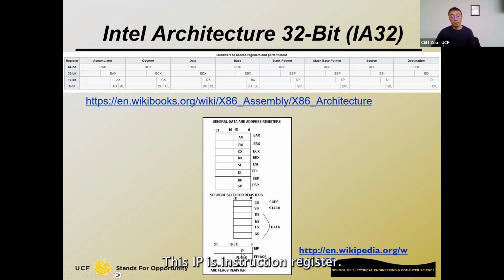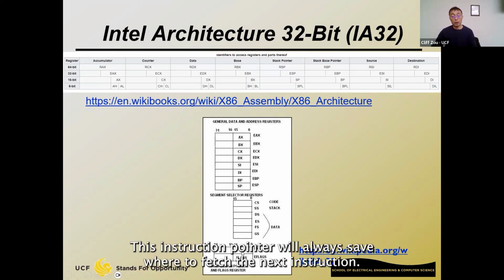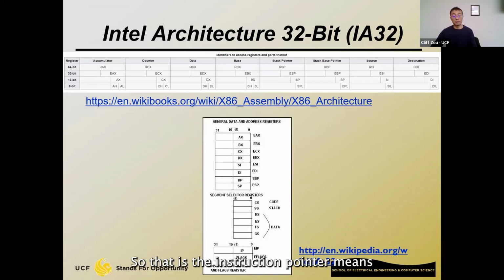This IP is the instruction pointer. This flag is the control flag register. These are all system registers that your own program code cannot access. The instruction pointer always saves where to fetch the next instruction. That's what the instruction pointer means.